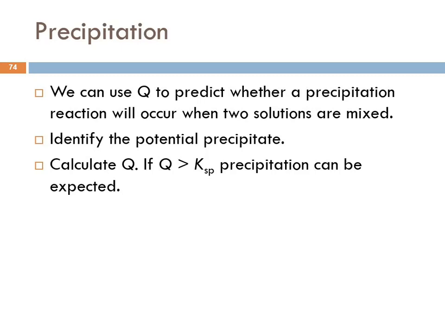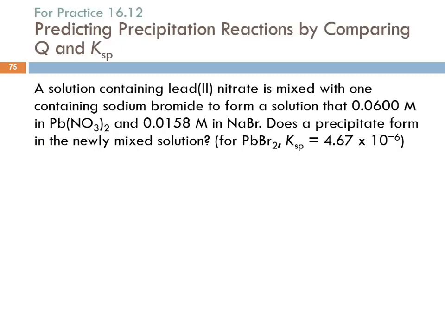So we can use Q to predict if a precipitation reaction is going to happen when we mix two solutions. So the way we would do this is we will identify the potential precipitate, and then we'll calculate Q. If Q is greater than KSP, we can expect that there will be precipitation. So we'll do an example.